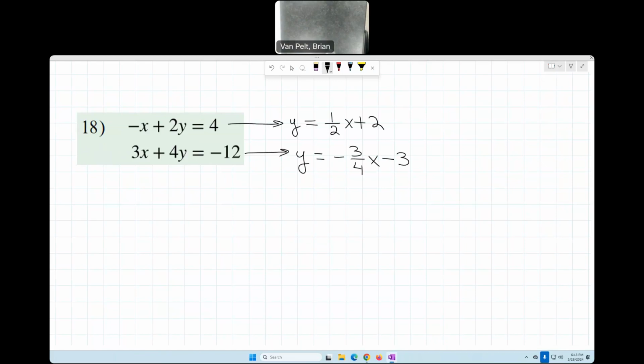When you solve for y, these are the two things you could have got. But you've got to do that before you can graph anything.